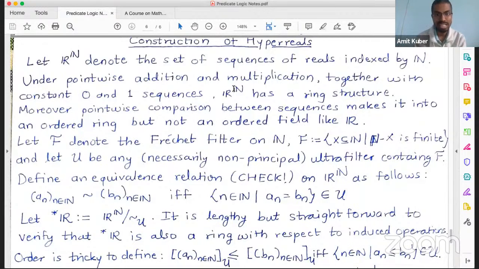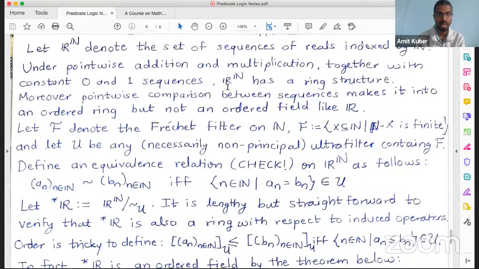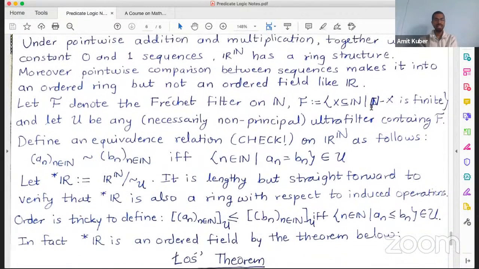So they have some algebraic structure and order structure, which is an extension of the standard ordered field of reals. Moreover, you can also pointwise compare sequences to make it into an ordered ring, but not an ordered field like the real numbers.